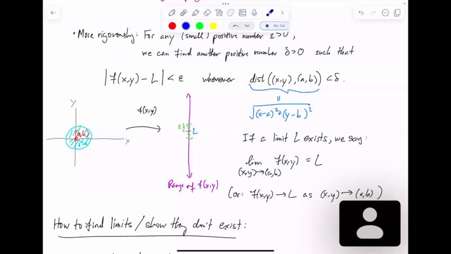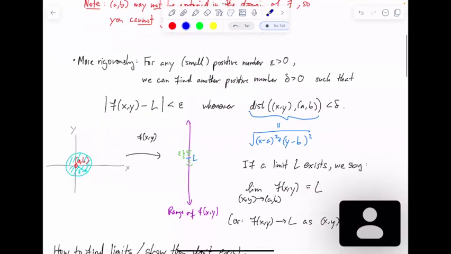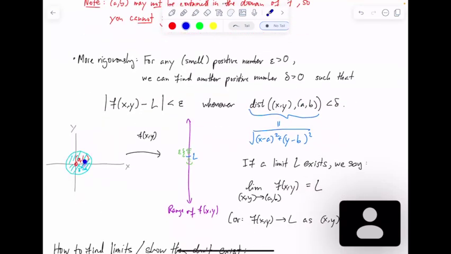So the definition of a limit itself, in two variables and in any number of variables, is agnostic. It does not care how you approach the point, all right? It's a very strong condition. If you approach a point this way and you get, in our example, 1, and you approach it this way and get minus 1, that's not okay.